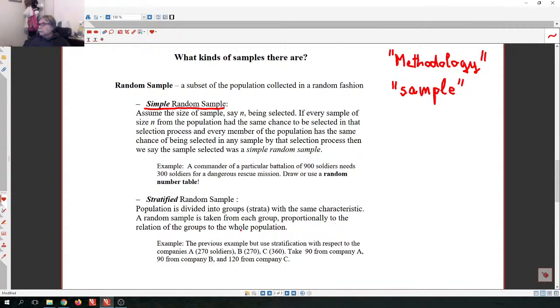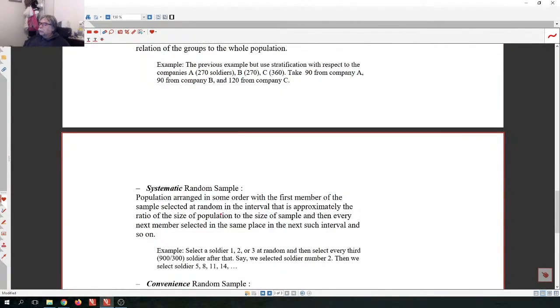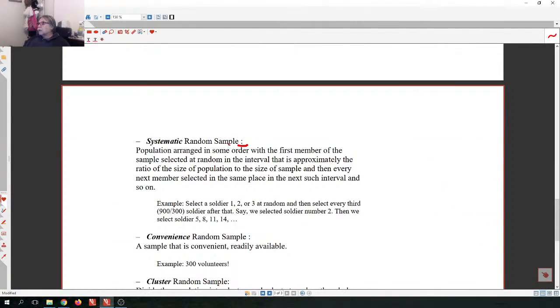Okay? Now, let me tell you about something we call a systematic random sample. The way we collect a random sample in a systematic fashion looks almost perfect, but it's not quite. Now, this could be done in the following manner.